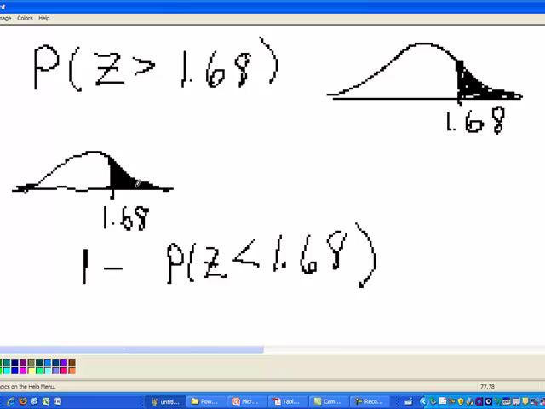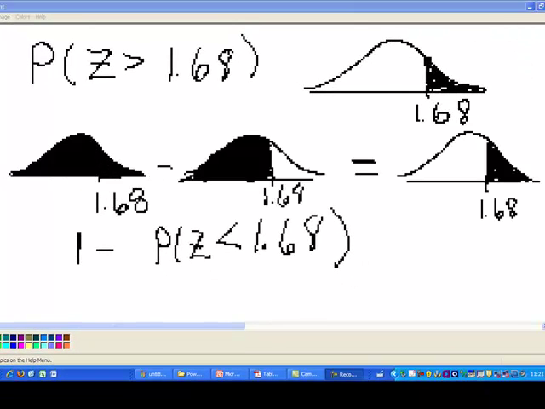So that basically looks like this. We have the whole distribution, all of it, that would have probability of 1, minus everything to the left of 1.68. If I subtract off that much probability or proportion or area, I'll be left with the upper right of the distribution, and that's exactly what we wanted. Now I've got a way to find that probability using the chart, because I know what 1 minus, and I can find the probability that z is less than 1.68 from my chart.